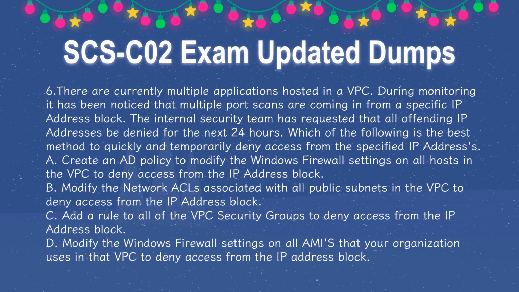A. Create an AD policy to modify the Windows firewall settings on all hosts in the VPC to deny access from the IP address block. B. Modify the network ACLs associated with all public subnets in the VPC to deny access from the IP address block. C. Add a rule to all of the VPC security groups to deny access from the IP address block. D. Modify the Windows firewall settings on all AMIs that your organization uses in that VPC to deny access from the IP address block.